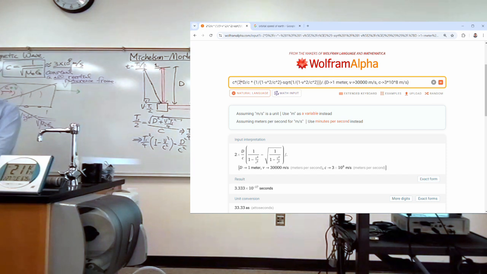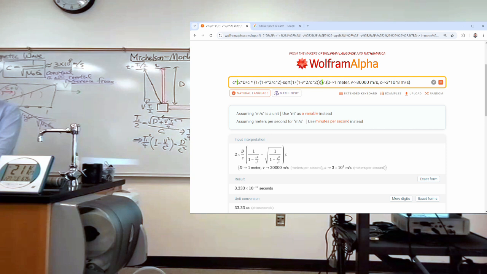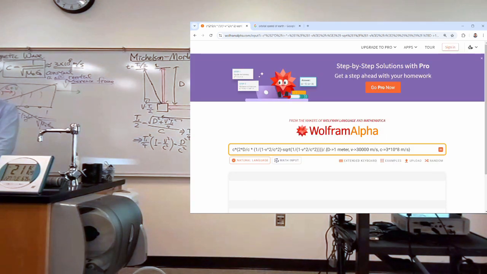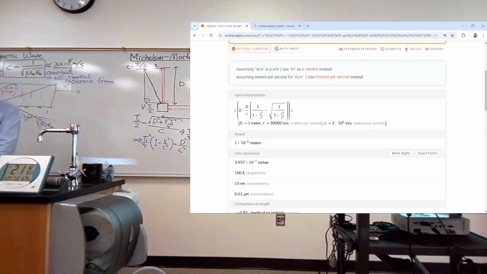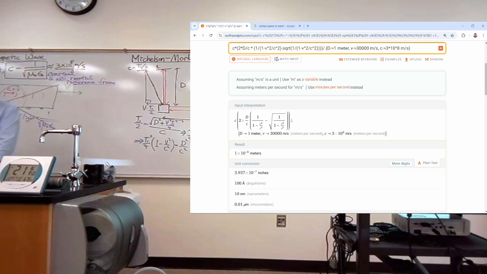So the speed of light is 3 times 10 to the 8 meters per second, and for the time I'm putting in 3 times 10 to the minus 17 seconds. Let's see what that gives us. So about 9 nanometers. I should have done this number ahead of time.